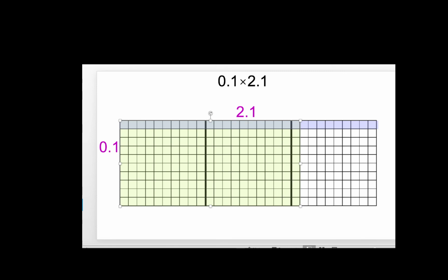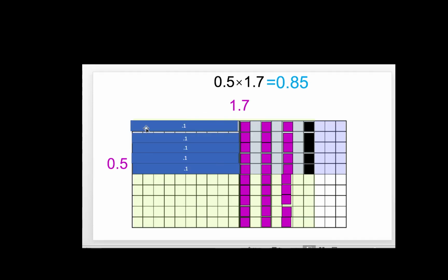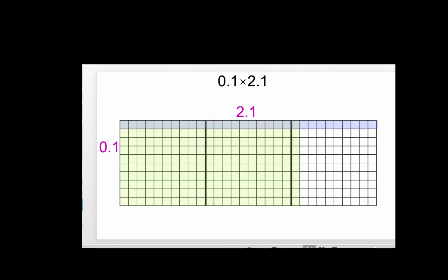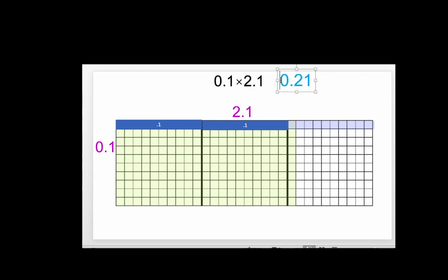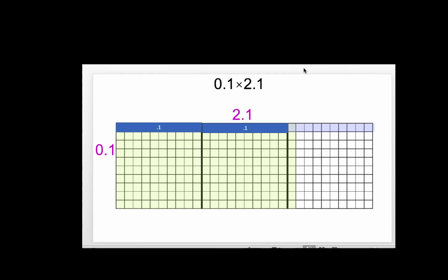So remember that we are going to be finding our rods. How many rods I'm going to have here? So here I have 1/10, 2/10, and I have 1 1/100th left over. So my product is 0.21.